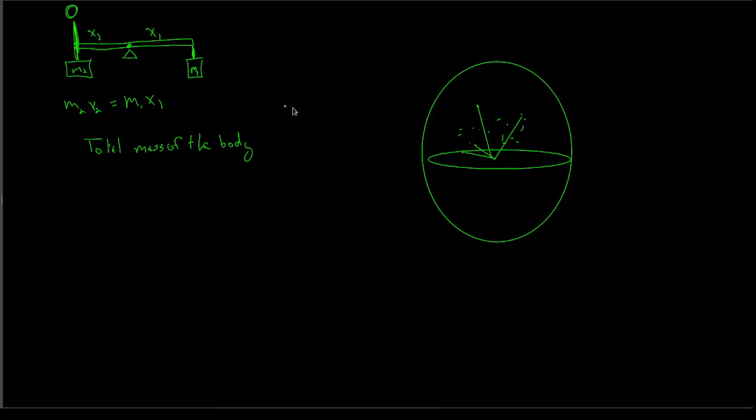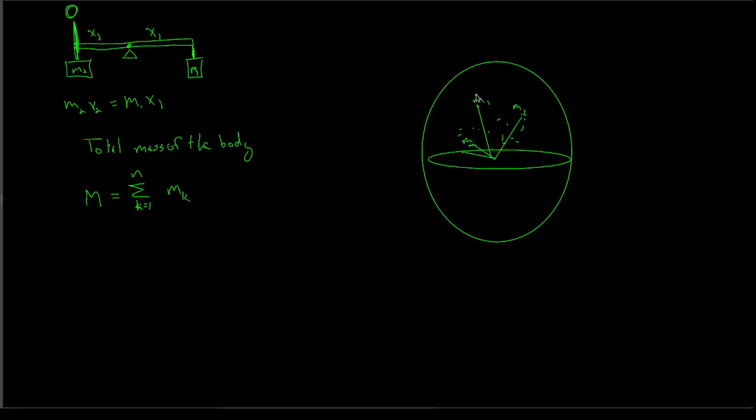And these point masses collectively, if we could sum them all up, then the total mass of the body would be the sum of all the little mass elements.